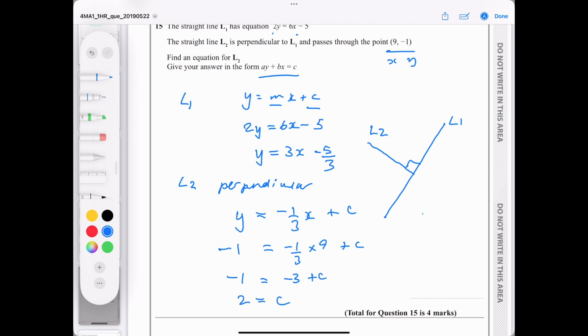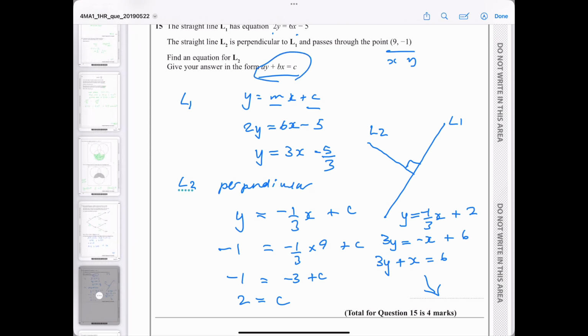So y equals minus a third x plus 2. Let's times everything by 3, so 3y equals minus x plus 6. Then I've got to put the x onto the other side, so 3y plus x equals 6, and that's the answer, because you have to rearrange it to look like that.